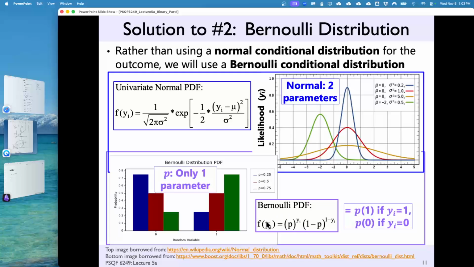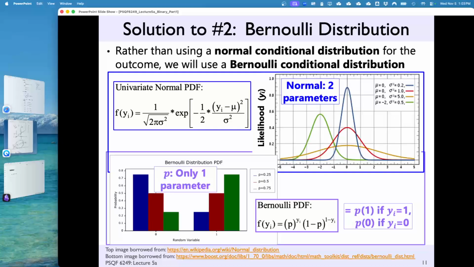All right. So Bernoulli is a distribution for categorical binary data. Before, instead of using mu in this distribution, we substitute our model. For the Bernoulli distribution, p is the expected value; in the normal distribution, the expected value is mu.